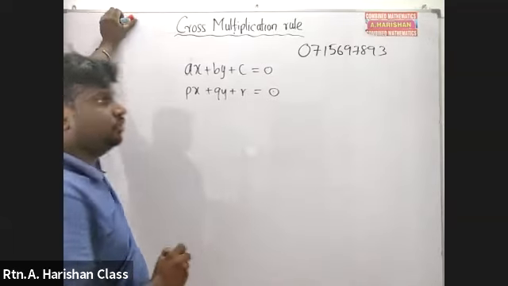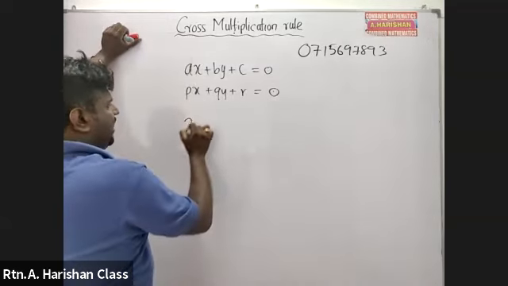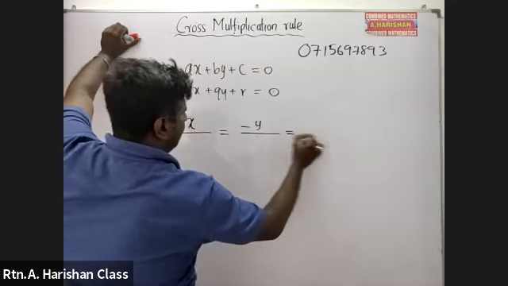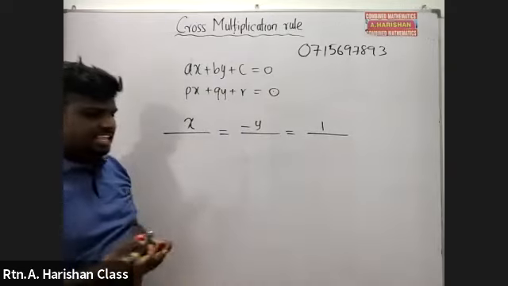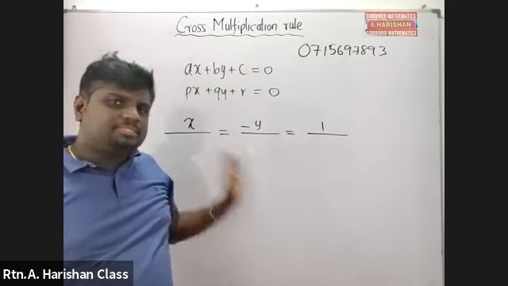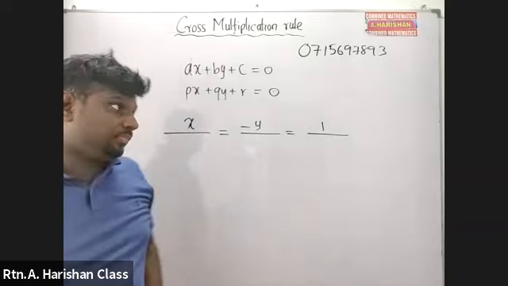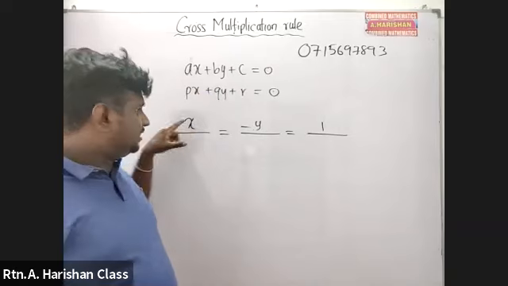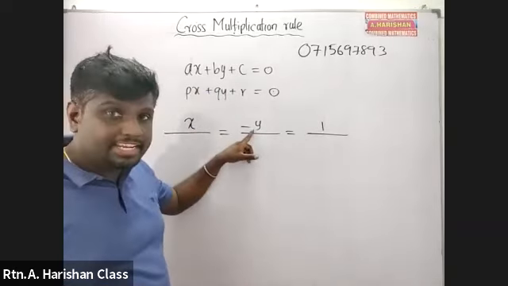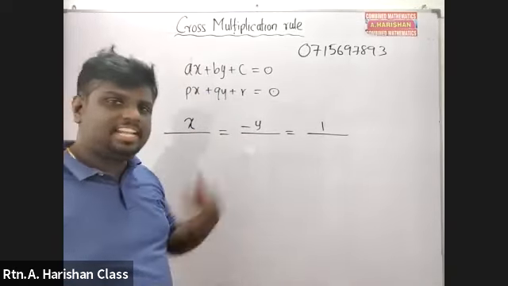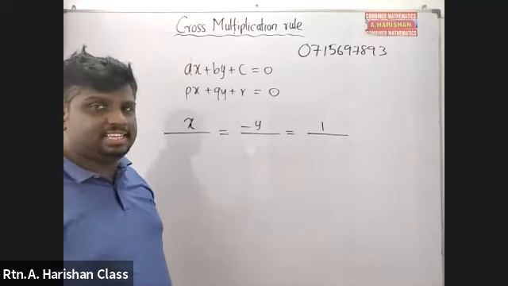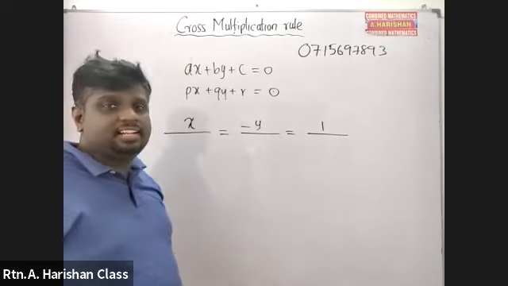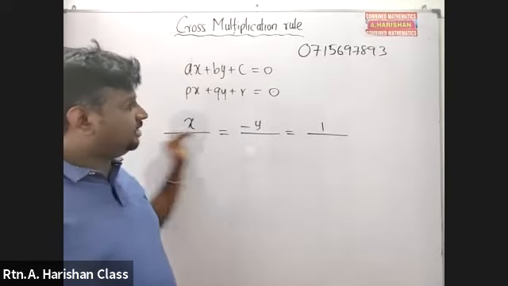What you should do here is write like this: x equals minus y equals 1. This must be done by you forever. Whatever happens, you have to do it like this. This must be x, this must be minus y, this must be 1. I'll tell you later why we are doing it like this. It can be any coefficient here, a, b, c, p, q, r, anything. We don't care about that.